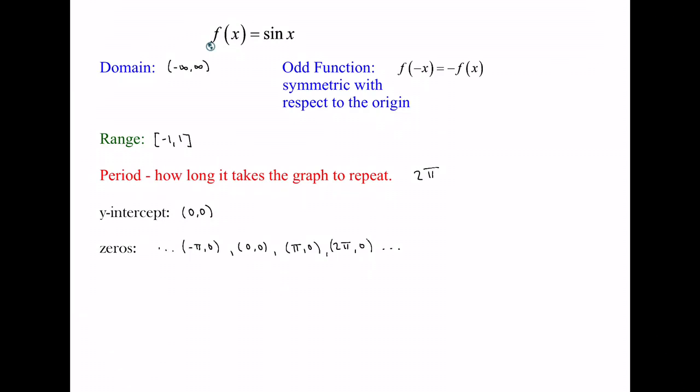The other thing, it's an odd function. Remember, an odd function is symmetric with respect to the origin, so we can rotate this 180 degrees. f of negative x is equal to negative f of x, which in this case represents that sine of negative x, when you plug in a negative x value, is the same thing as the opposite of the entire function.